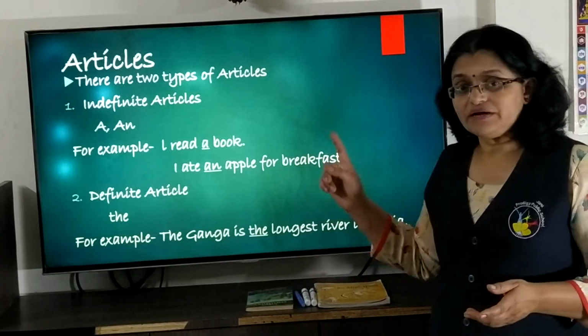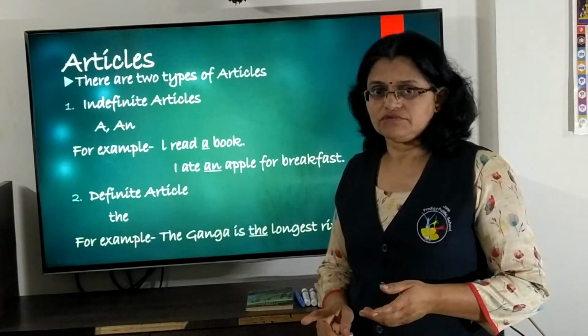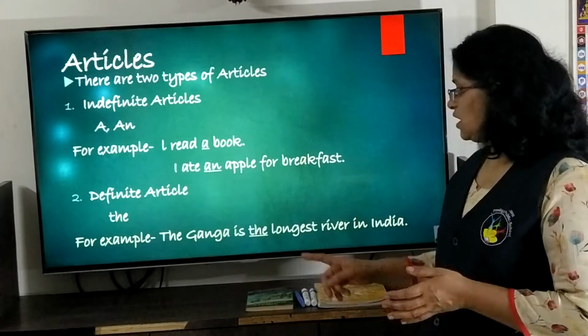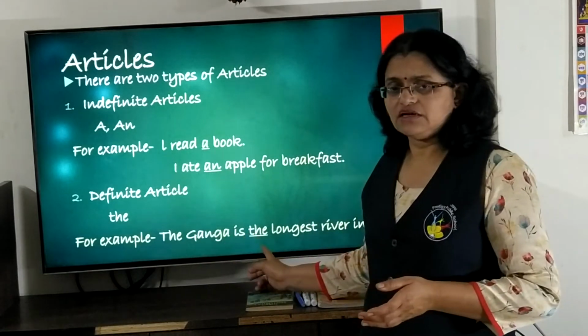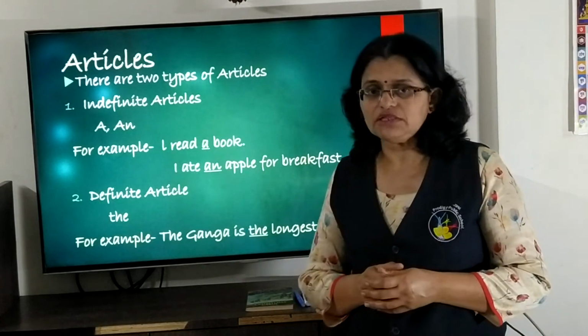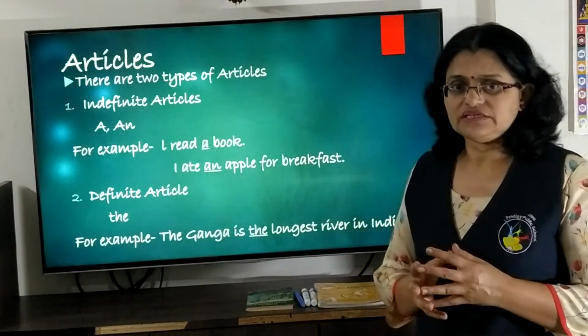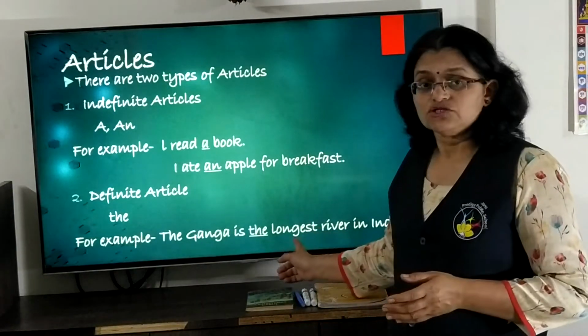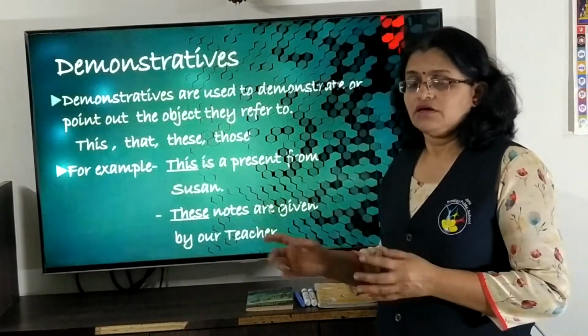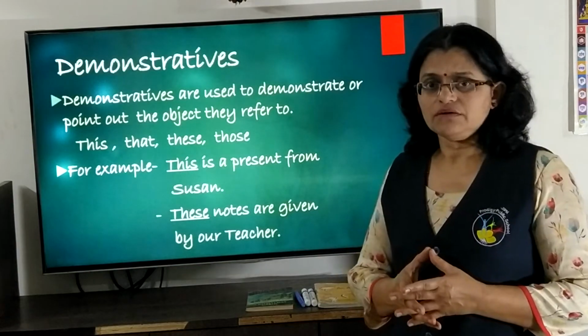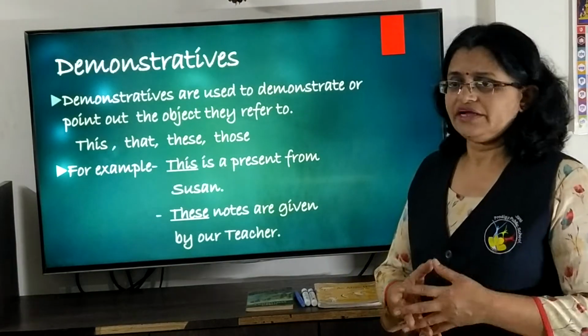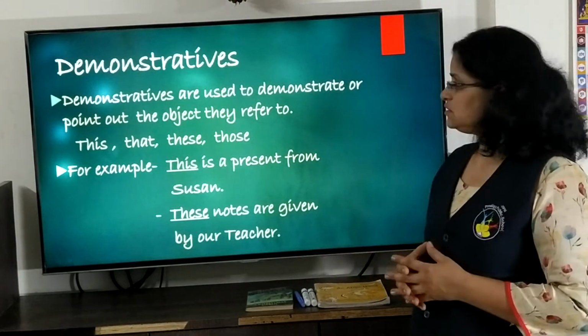Longest is the superlative degree of the adjective. So you must have understood now that this article is used before any specific noun or any extraordinary thing, before the superlative degree. And there are many more uses of the. You will come to know it in the chapter on articles.